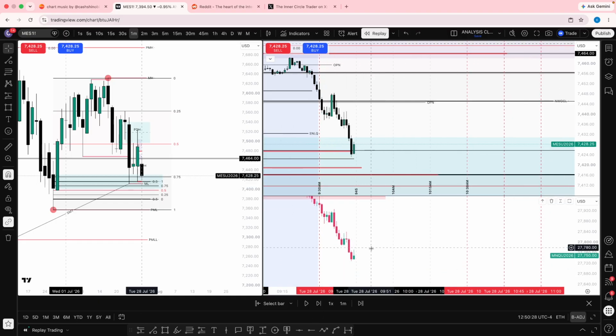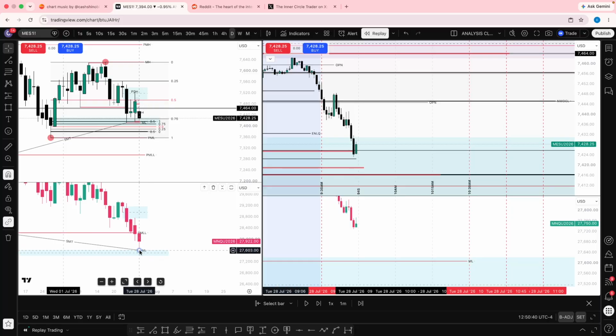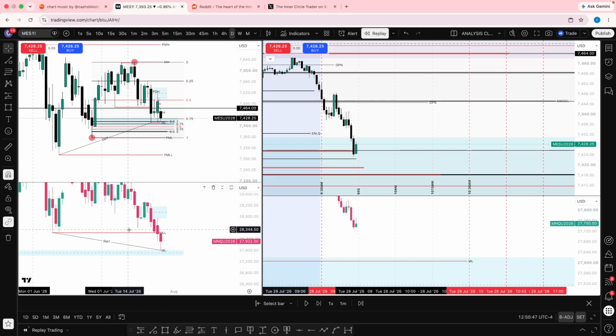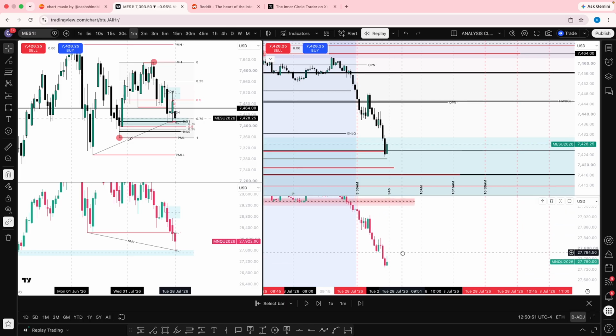And like I said before, monthly low right here for NQ. Double click, and this is the monthly low for NQ. The previous month low for ES right here has already been run on NQ.